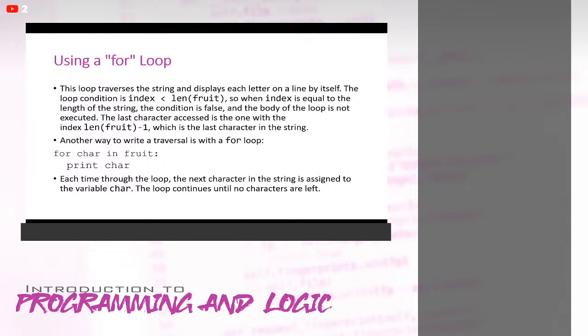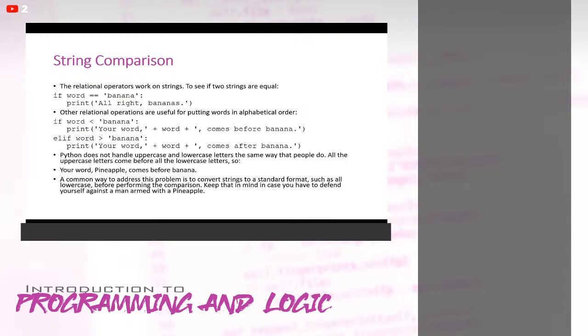And that's pretty good. One thing we can do with this is use our relational operators to check on our strings and see if they're the same, see if they're different, see if one of them comes before another in alphabetical order.